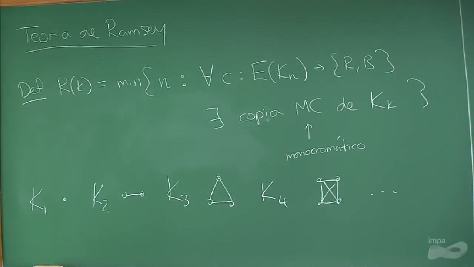No? Okay, so remember that R of K, the Ramsey number of K, is the smallest number of vertices you need such that any colouring of the edges with two colours gives a monochromatic clique on K vertices. And we proved last time that this number is at most 4 to the K. The proof was very easy, actually.